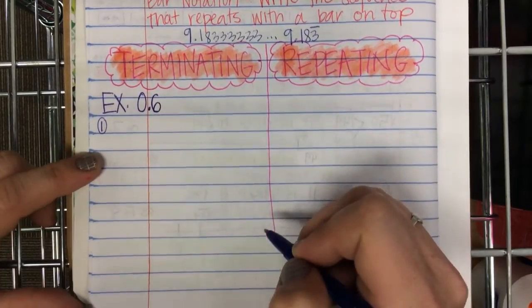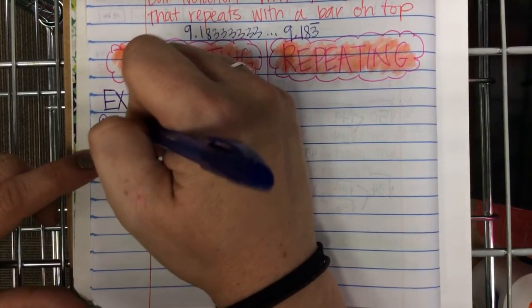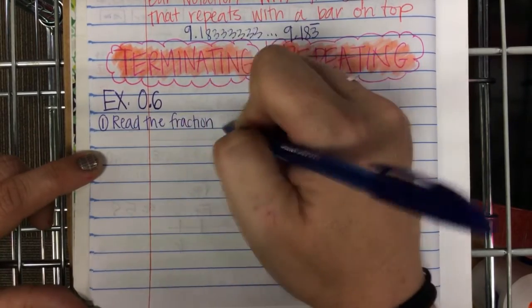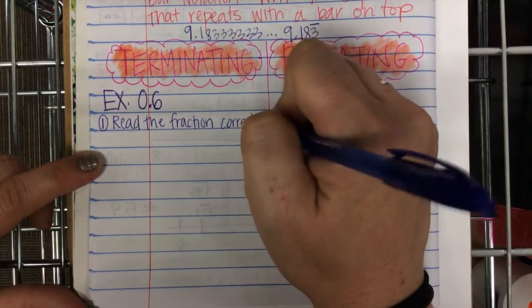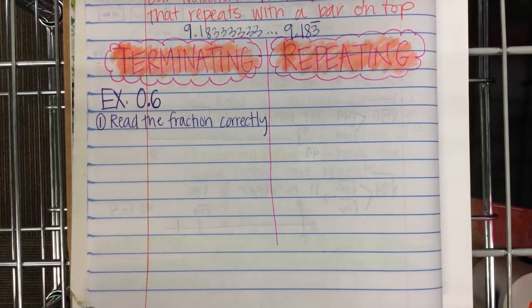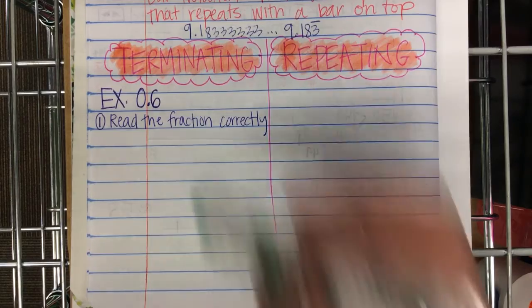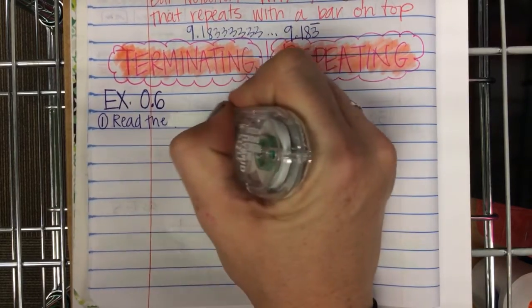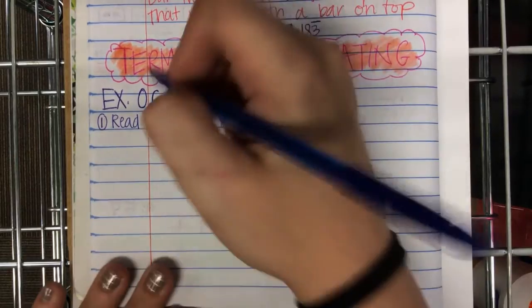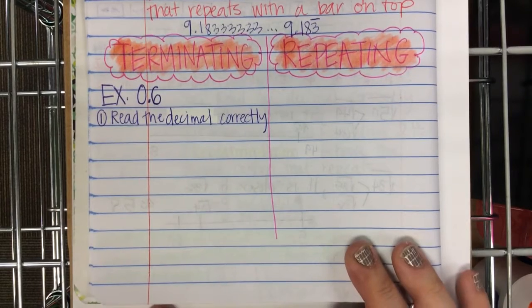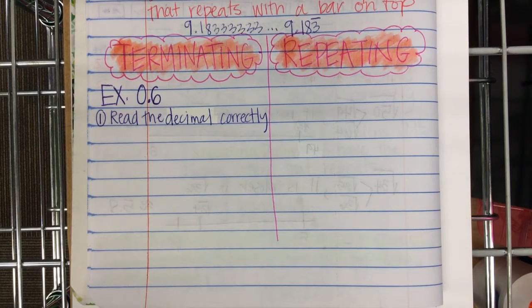You put on your smarty pants and you read the decimal correctly. Do not say 0.6, because 0.6 doesn't help us.